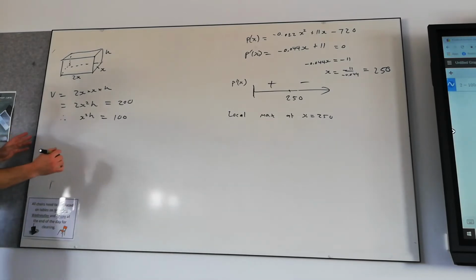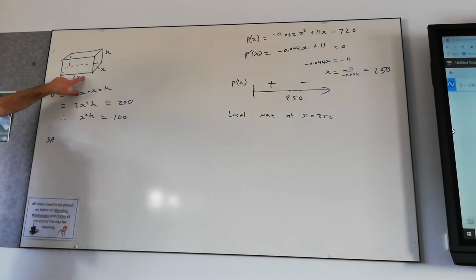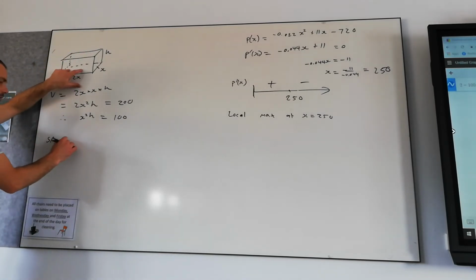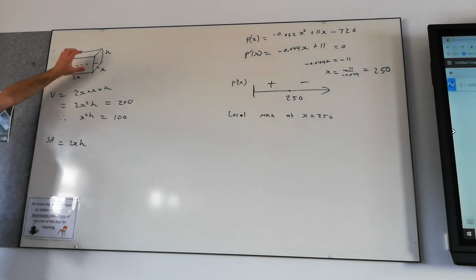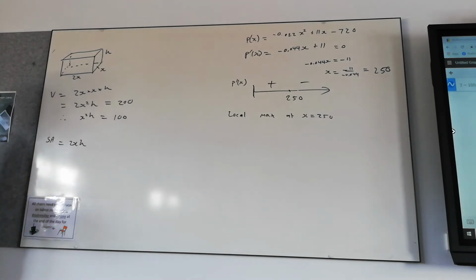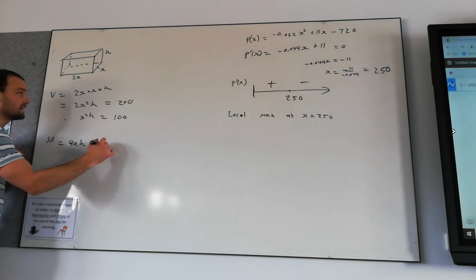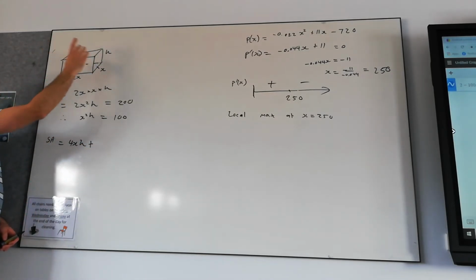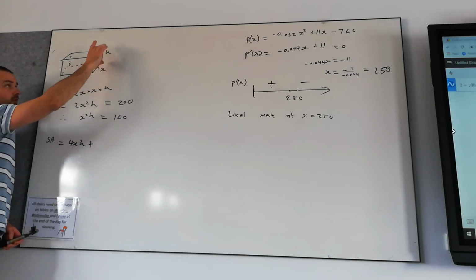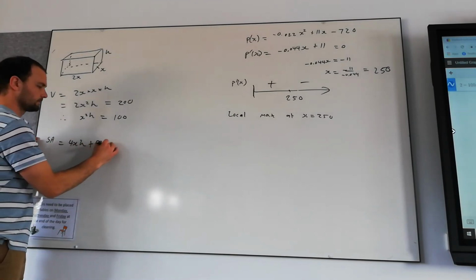So what the surface area is going to be then, let's think about the front and the back. The front is 2x times h, and we've got two of them, the front and the back, so we can change it to be 4xh. Plus, we've got two walls on the side, and they are x times h, so plus 2xh here.